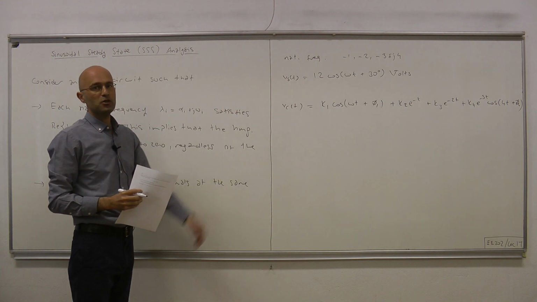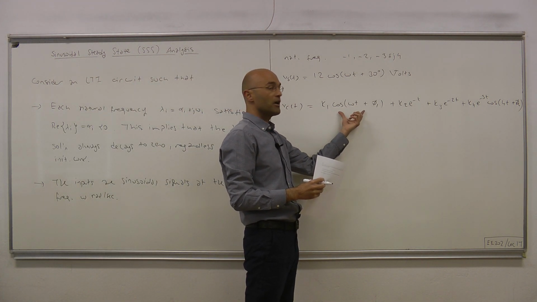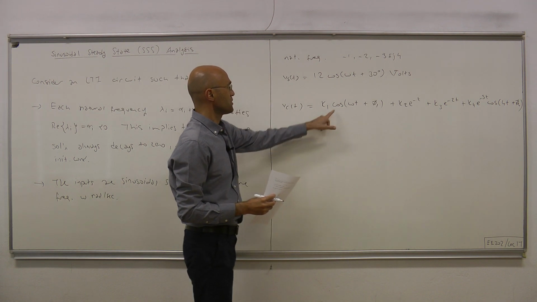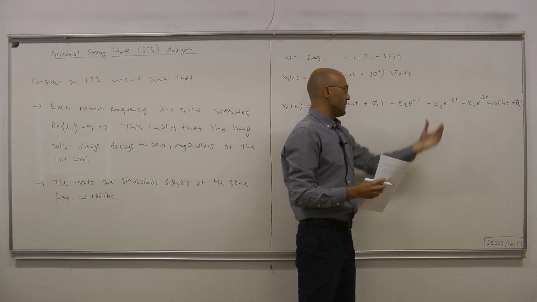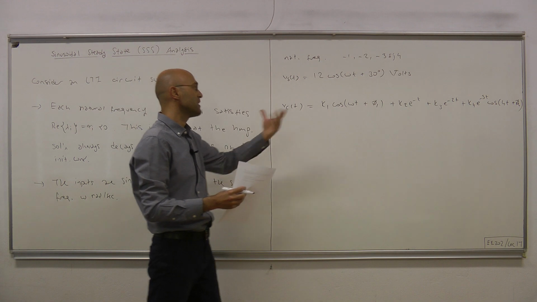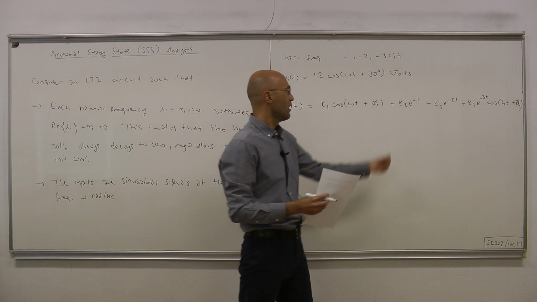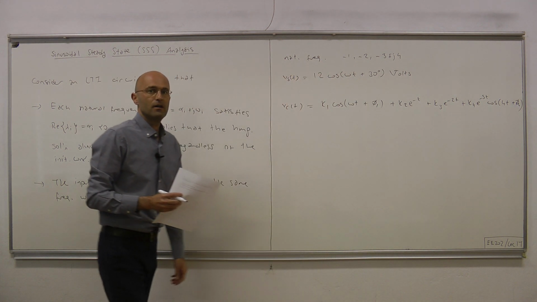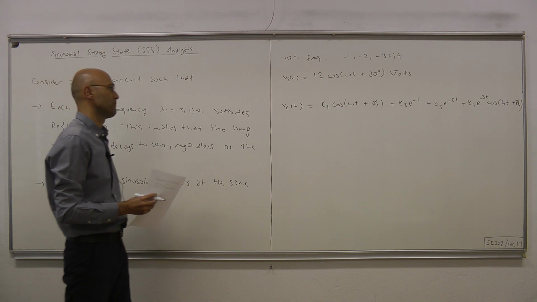So that's the complete solution. And this is the particular solution because it's directly related to the input. And this K1 and phi 1 are independent of the initial conditions. And then we have the homogeneous part of the solution where the unknowns depend on the initial conditions of the dynamic components in our circuit.